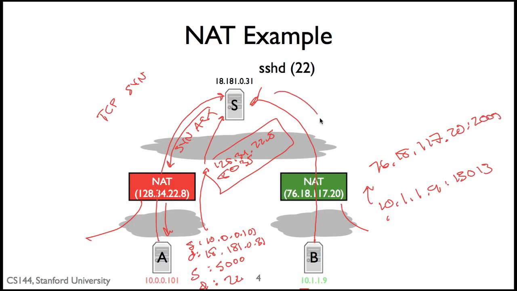So that when the SSH server sends this TCP SYN-ACK back, it'll send it to this IP address port pair, which the NAT can translate back to the internal IP address and port pair and deliver to node B.